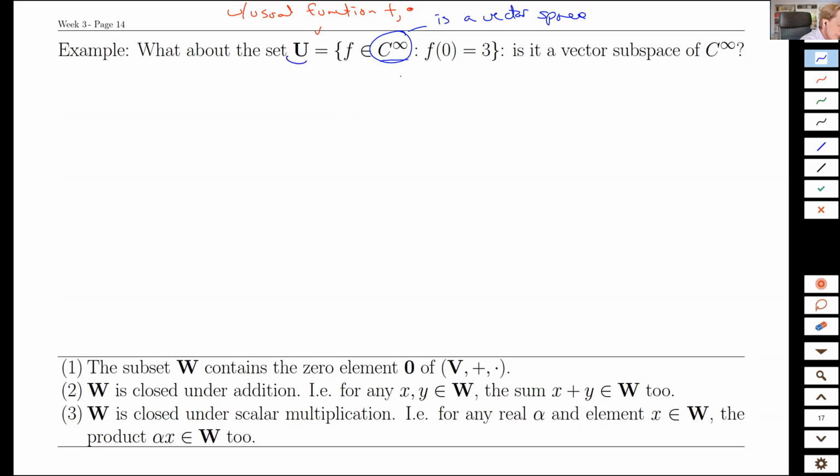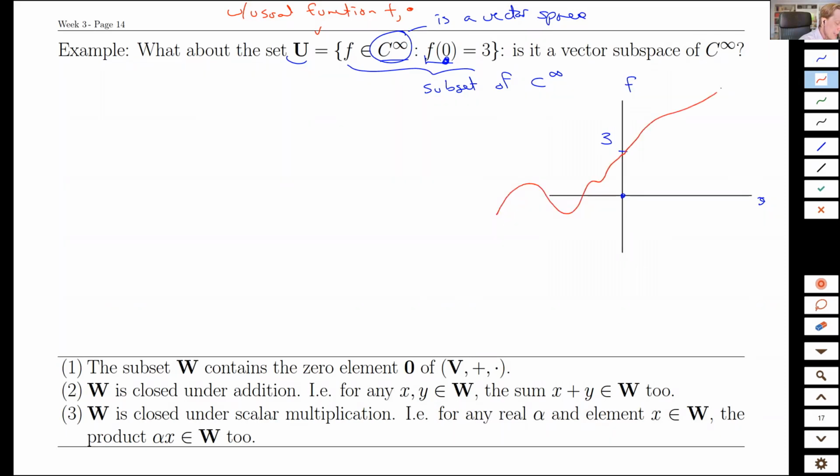We define a subset. This whole thing here is a subset of C infinity. And what defines it? Well, the condition we're putting on here is that our function at the point x equals 0 has to go through the point 3, so f of 0 equals 3. That covers a lot of functions. I can make it pretty much any line.